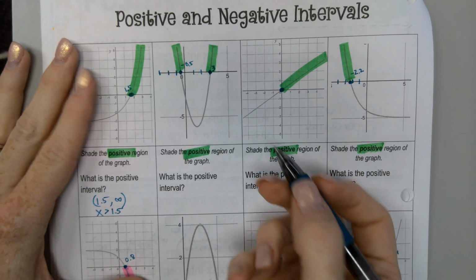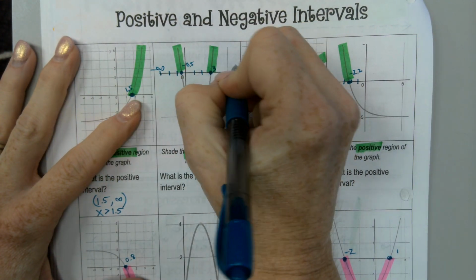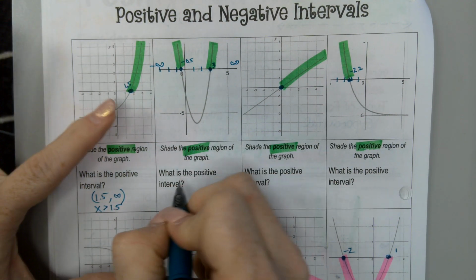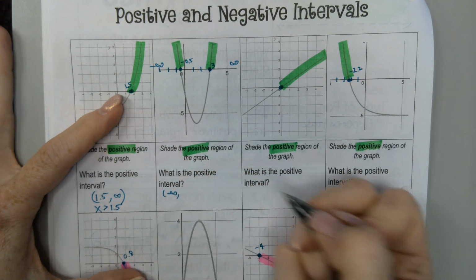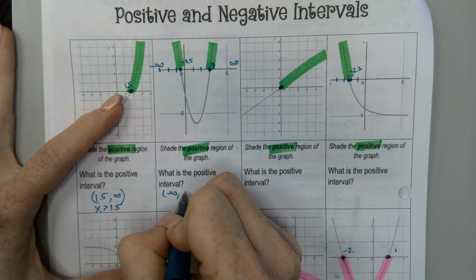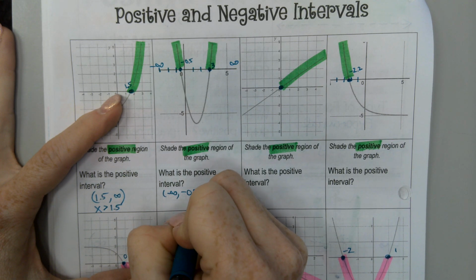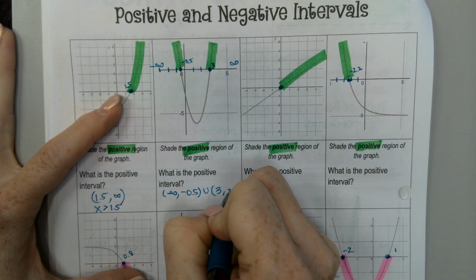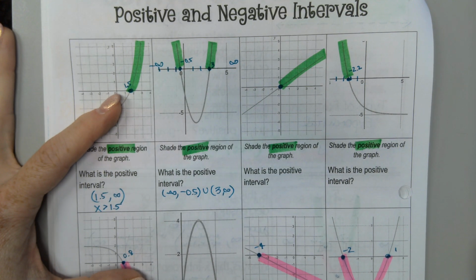Okay? Right here, my positive intervals. I have 2 of them. It is positive from the left, so from negative infinity until I get to negative 0.5, and again from 3 to infinity.